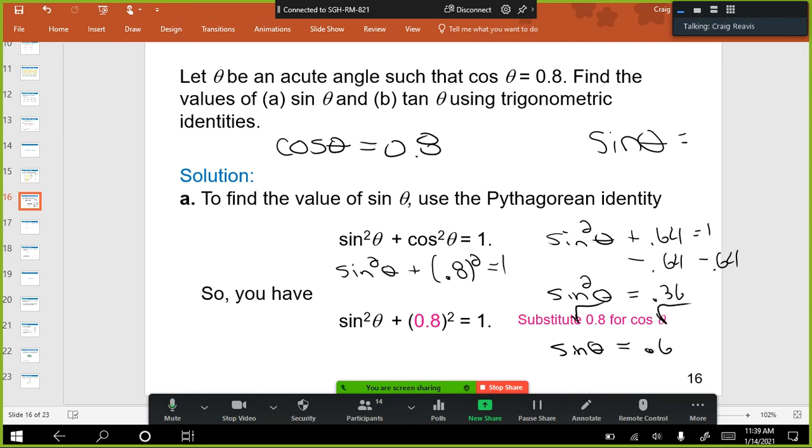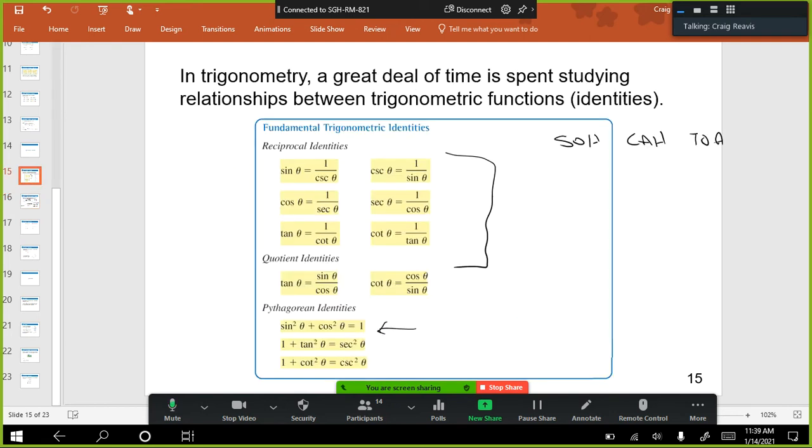So because we knew the cosine of theta was equal to 0.8, we wanted to convert it to sine, or find out what sine is. I went to my identities and found the one that had sine and cosine in it. Now it wants us to find what tangent is from there. Well, if I go back to those identities, tangent is 1 over cotangent. That doesn't help me. Tangent is sine over cosine.